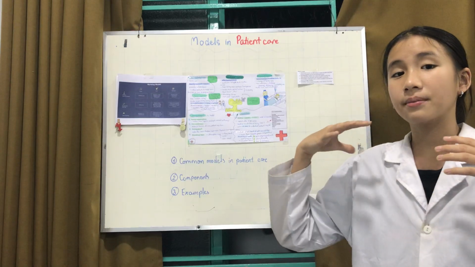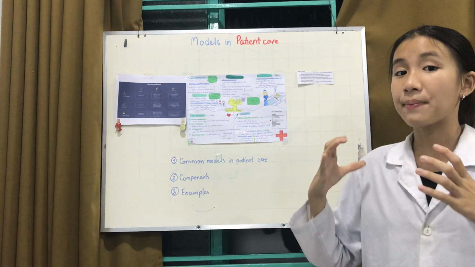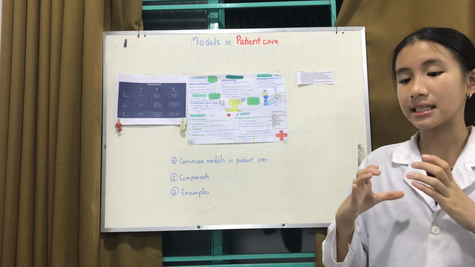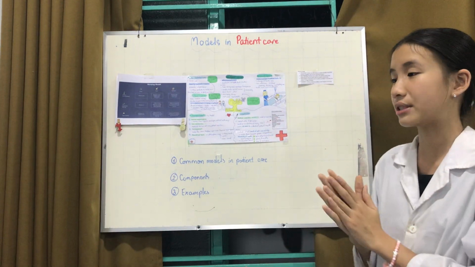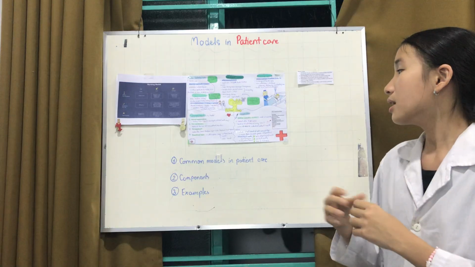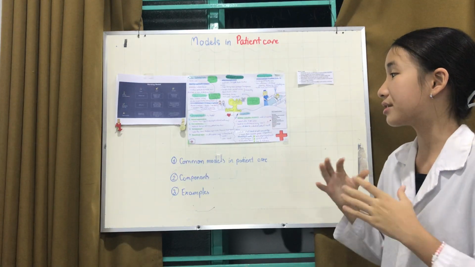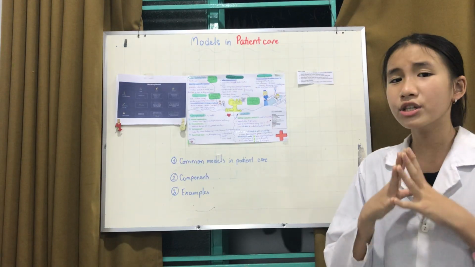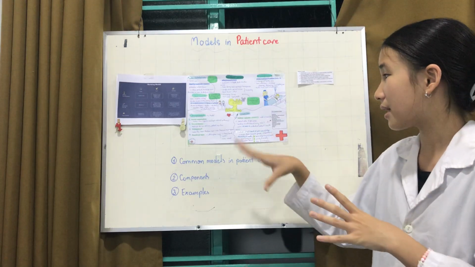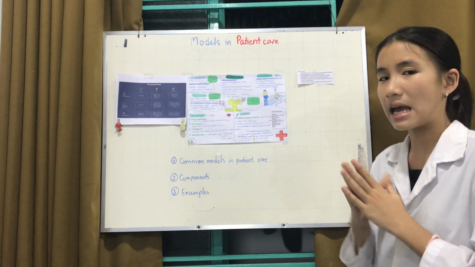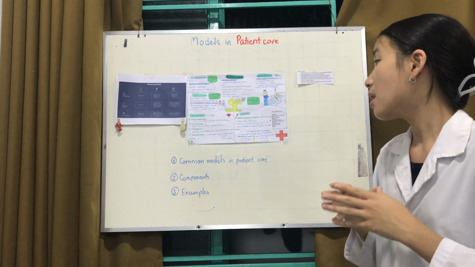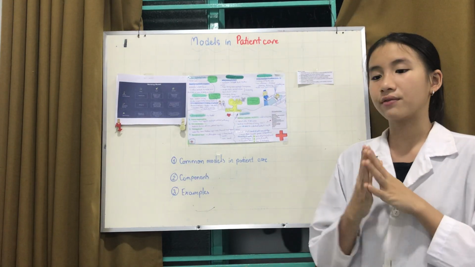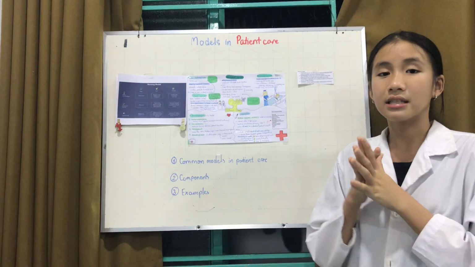Now, in this model, a nurse will assess the patient's 12 activities of living, or AOLs, to understand the patient's health status. Using the 12 AOLs, they will be able to evaluate the patient's level of self-care ability.